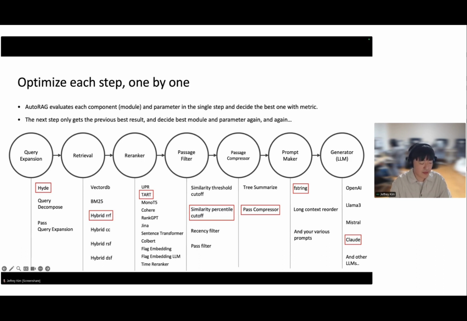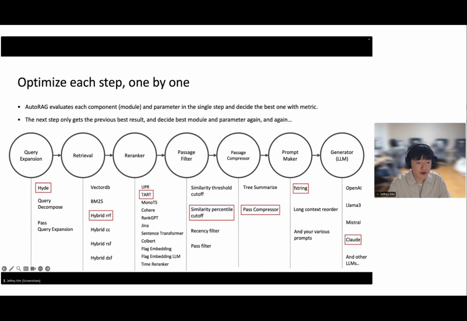It is like prompt engineering to the LLM, using GPT-4 Turbo. And Cohere has a multilingual re-ranker model, and RankGPT is using GPT-4.